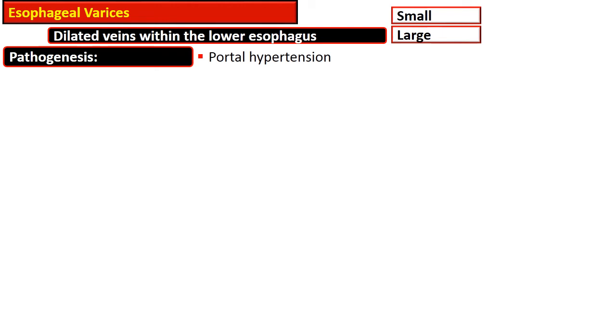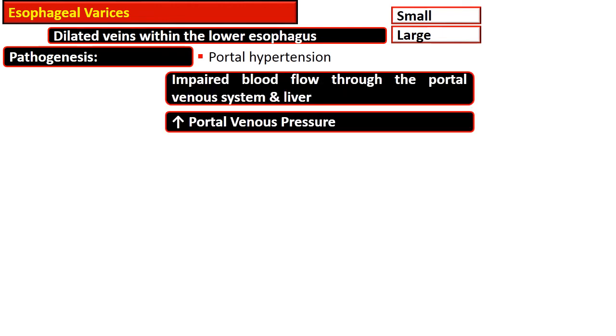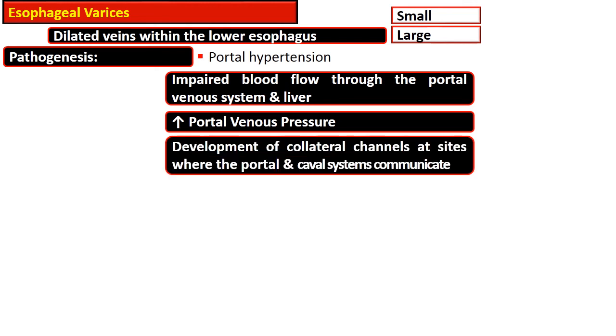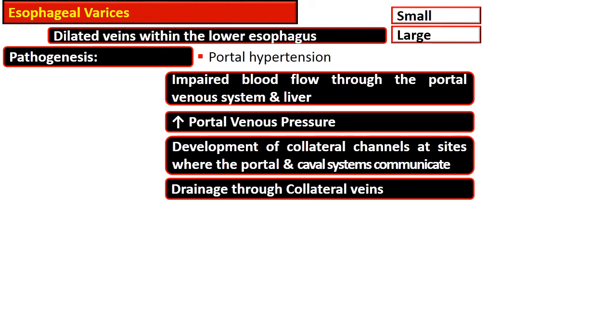The pathogenesis is related to portal hypertension, as there is impaired blood flow through the portal venous system and the liver. The portal venous pressure increases, and there is development of collateral channels at the site where the portal and caval systems communicate with one another.